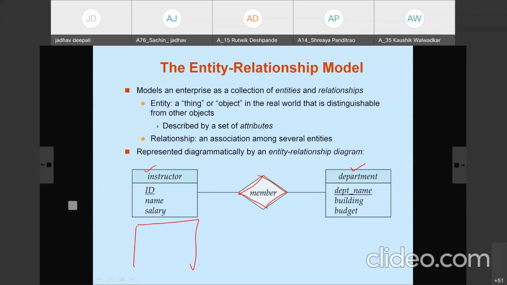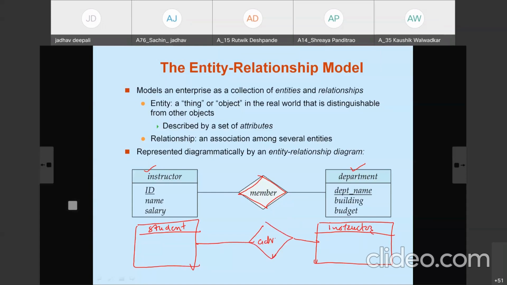The example I gave you is student and instructor. These are two entities and the relation between them is advisor. How to show it, and which components are used to draw the ER diagram, we are going to study in detail. Here, only try to understand the definition of the entity relationship model.